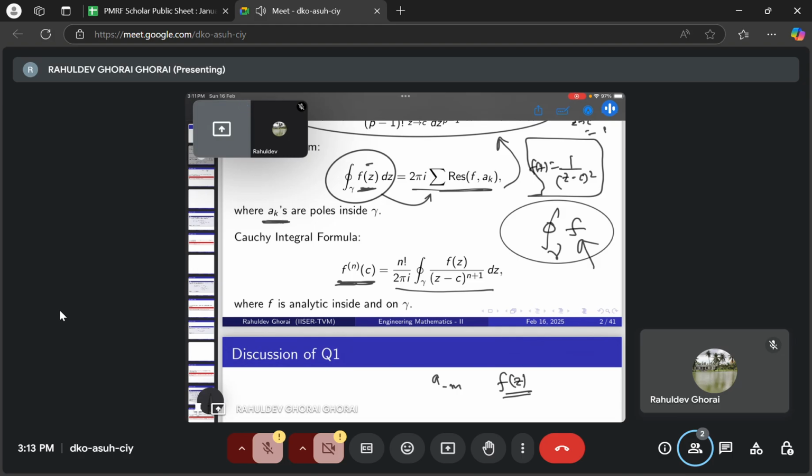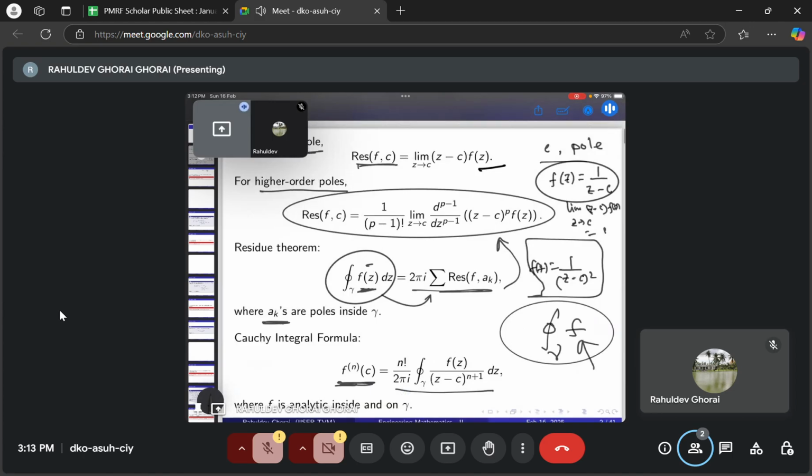If m is the largest positive integer such that a minus m is not equal to 0, then we will say there is a pole of order m. Okay, so we'll see those things. I think you will understand when you do other things.